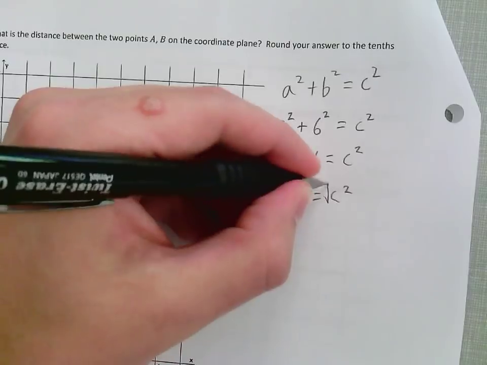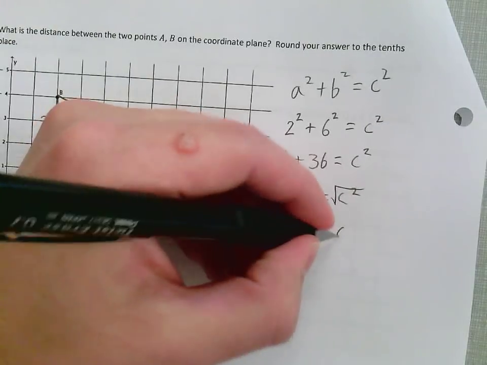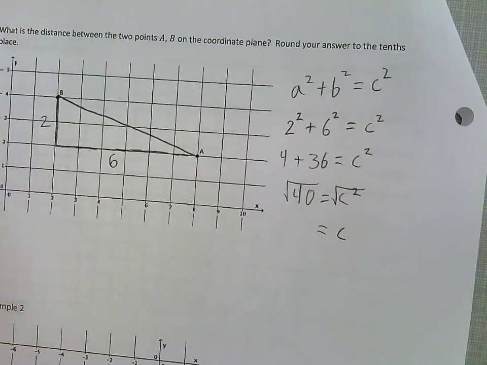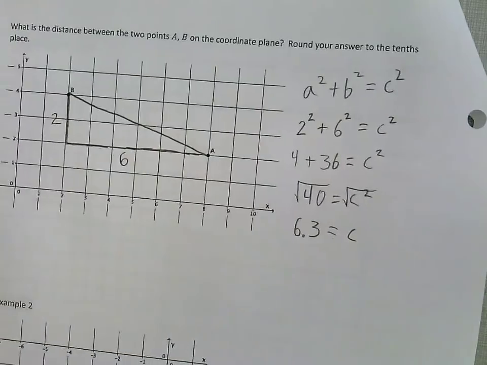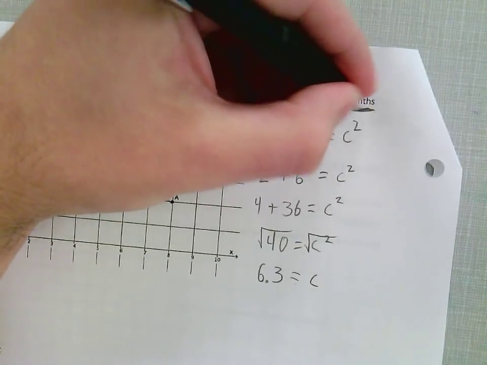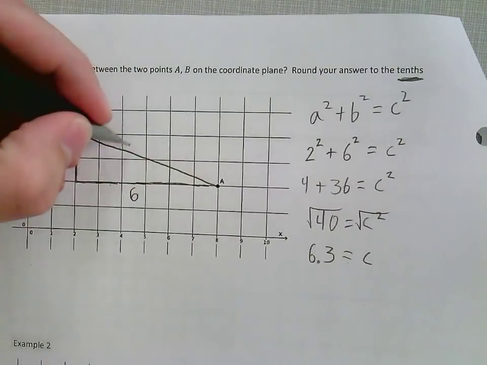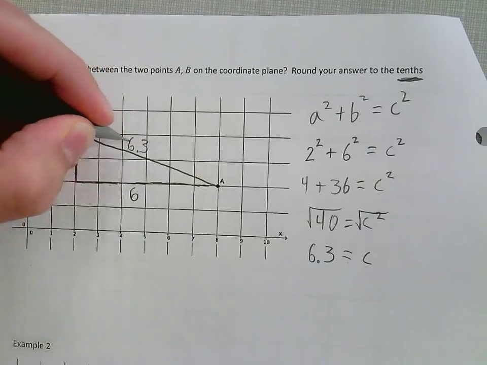And then take the square root of both sides, and we get C equals 6.3 if we're rounding to the nearest tenth. Okay, so we'd write 6.3 here. Fine.